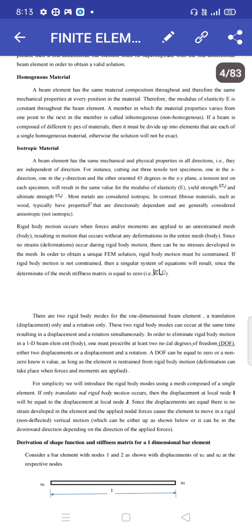Since no strain deformation occurs during rigid body motion, no stresses are developed in the mesh. In order to obtain a unique solution, rigid body motion must be considered. If rigid body motion is not considered, then a singular system of equations will result, since the determinant of the mesh stiffness matrix is equal to 0.